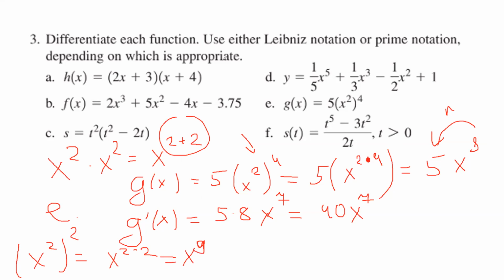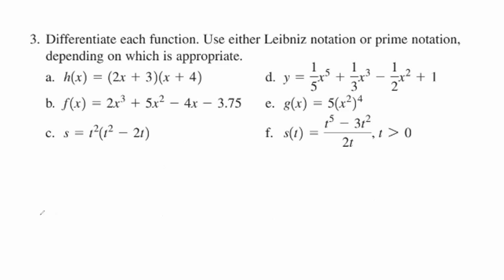Any questions about this example? No. Let's solve f. F is really important. So right away, we see for t greater than 0. Okay, perfect. Now we're going to look at t greater than 0. Now let's find the derivative of this.